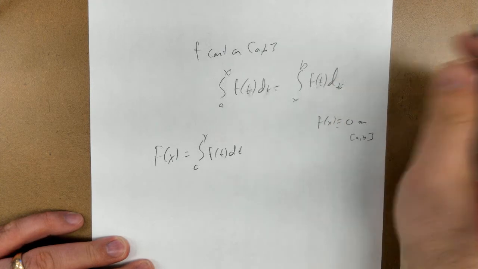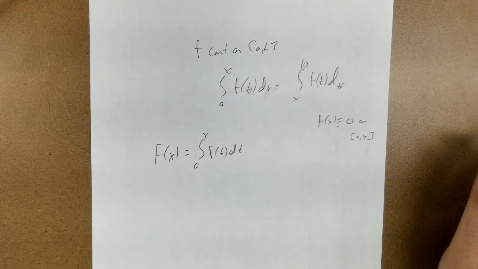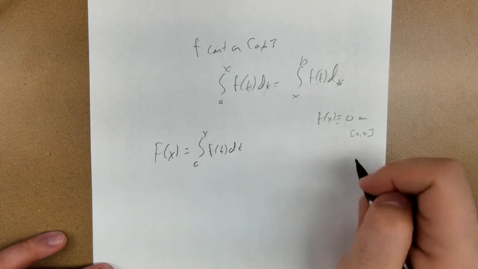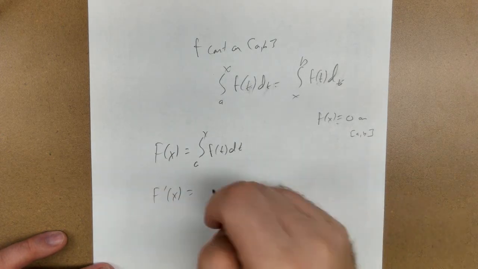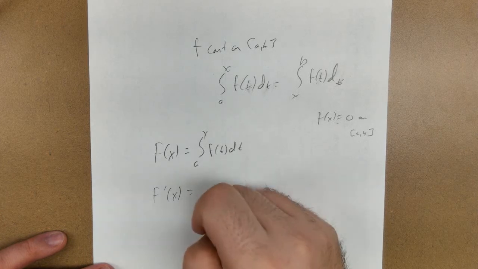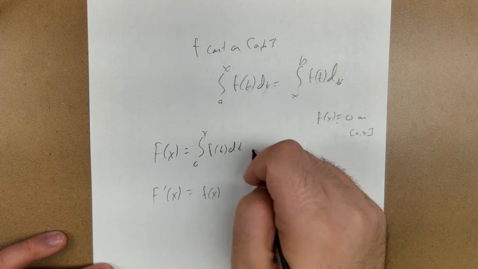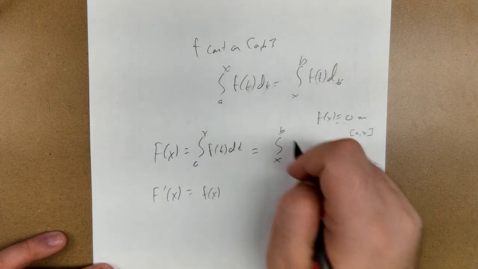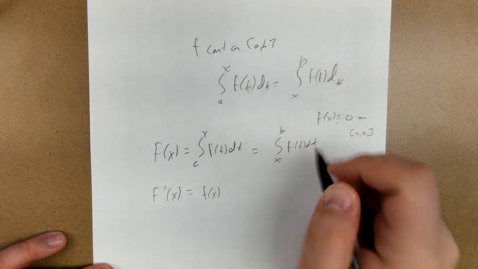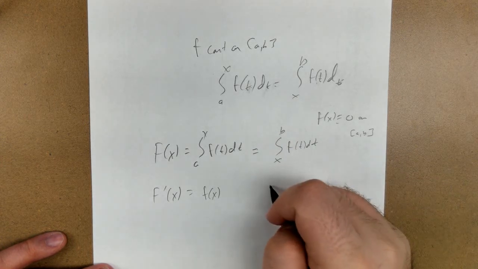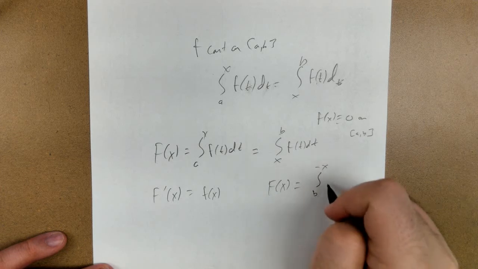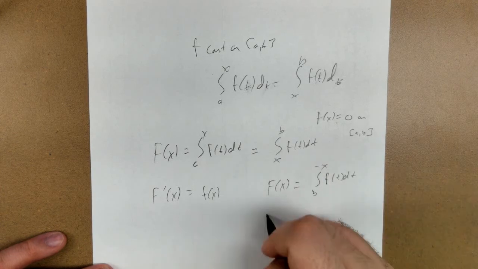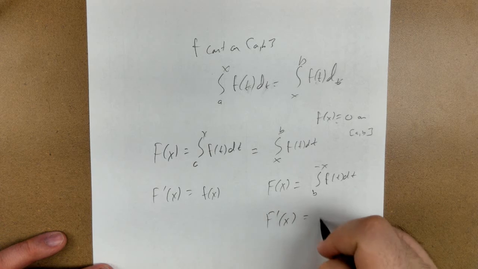Okay, so if we call that big F of x, then F prime is just f of x, but this is supposed to be equal to the integral from x to b of f of t dt. If you flip it upside down, it's negative the integral from x to b, and you take this derivative, you get f.